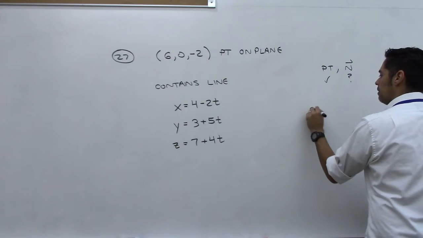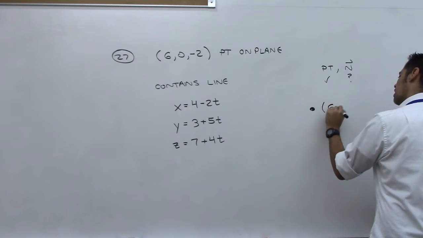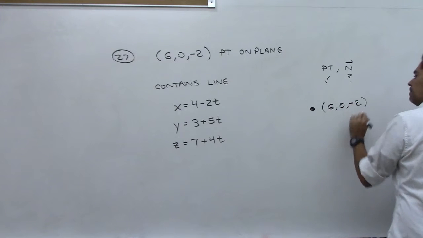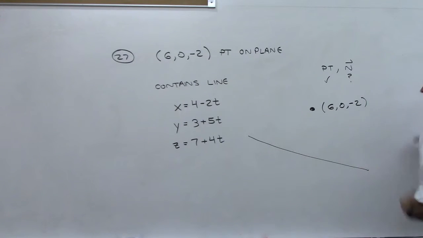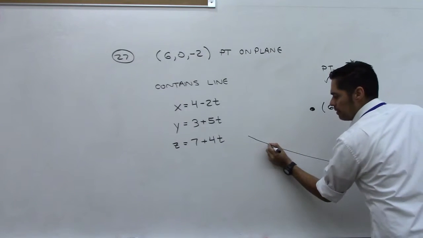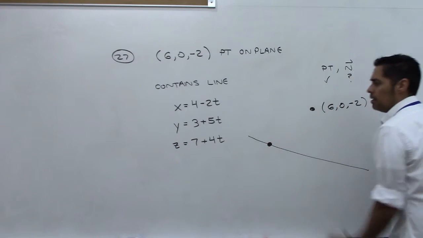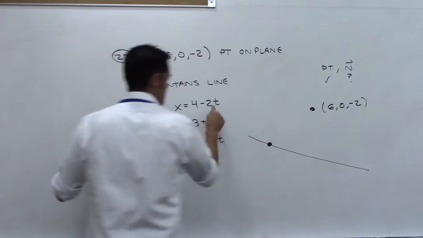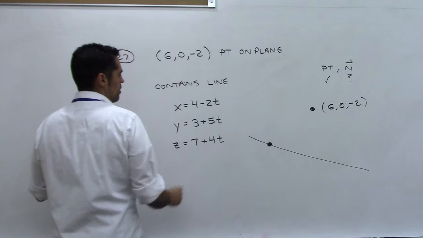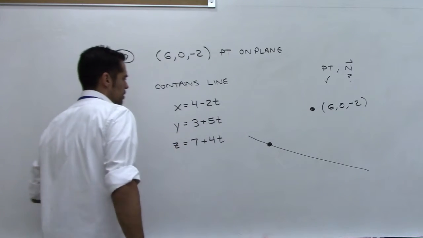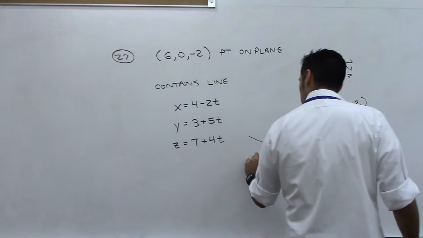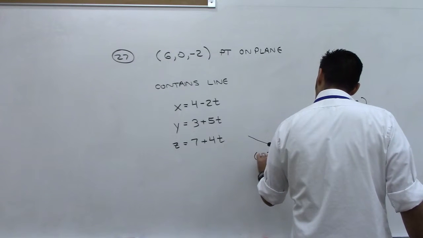So I have a point. That's the point 6, 0, negative 2. I've got some line, and now I'm going to find another point on that line. So if I come over here to the line, I let t be 0, boom, boom, boom. I'm going to get what? 4, 3, 7.